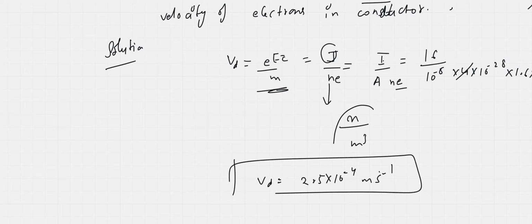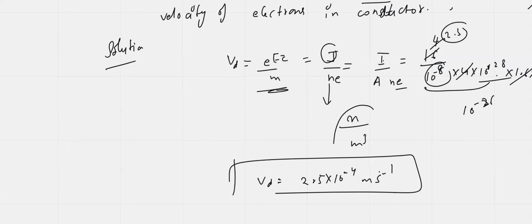From here you are going to get 4. If you solve it, something around 2.5 you are going to get. This is 28, this is 8, so it results in 10 to the minus 36. This is 19, which results in negative 19.